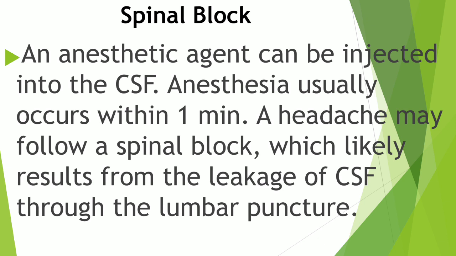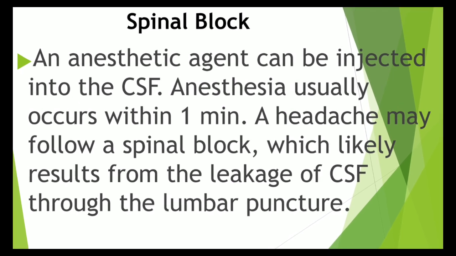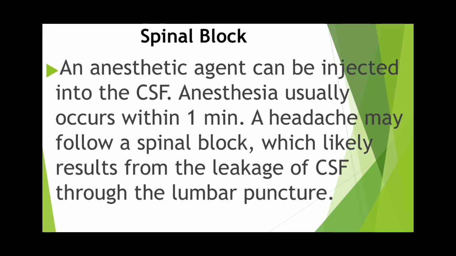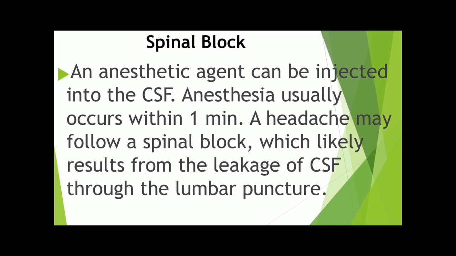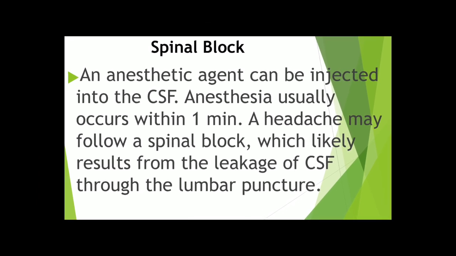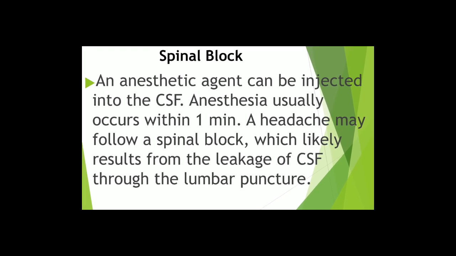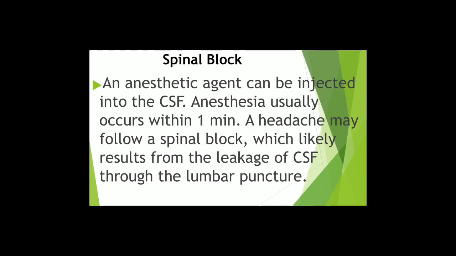So your needle is still going to be inserted through the same anatomical structures. It's going to go the same way, but it's a different needle now, because this needle is meant for what? Injecting spinal anesthetic solution. So it's a different needle, but it's going to be inserted just the same way the lumbar puncture needle was inserted, so that you can inject an anesthetic agent into the cerebrospinal fluid.